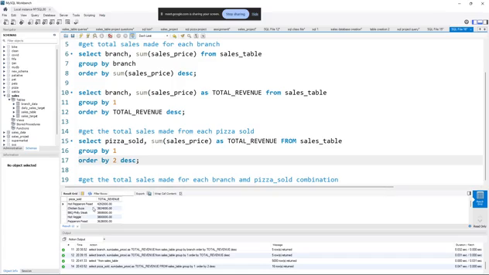Now, what if our client said they don't want to see hot pepperoni feast in this answer that we have? Let's say, don't include hot pepperoni feast.